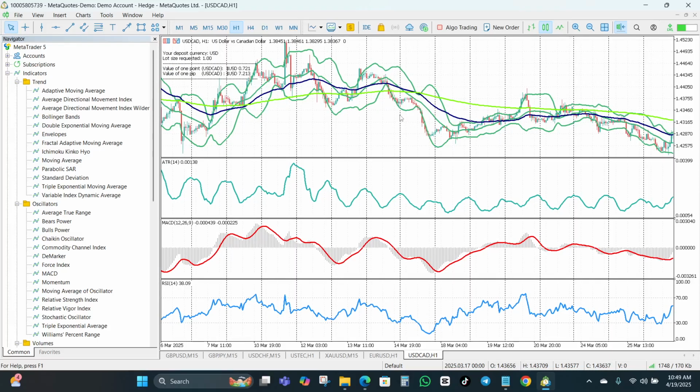These moving averages also act as dynamic support and resistance zones, which is incredibly useful in both trending and ranging markets. So basically, these indicators are not magic. They are just tools. But when used correctly, they provide structure and clarity in chaotic markets. So whether you are trading EURUSD, GBPUSD, or even XAUUSD, these built-in indicators on MT4 and MT5 are essential for your toolkit.